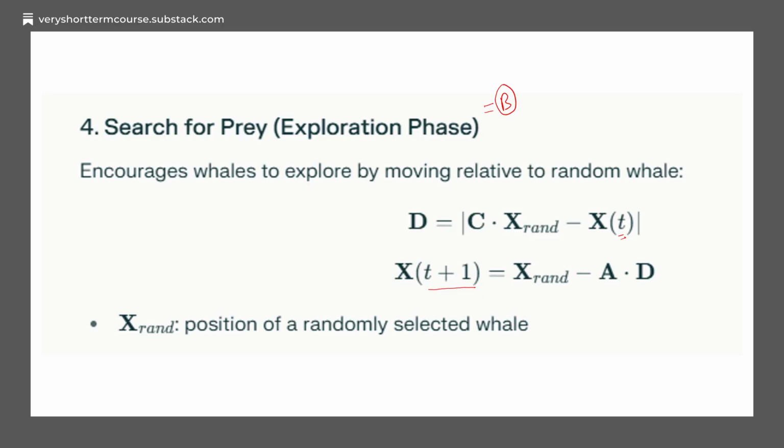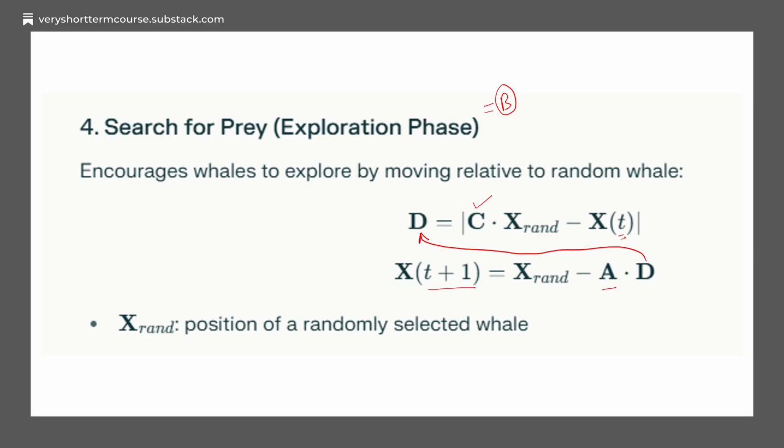In the same way as the encircling phase, you replace the X optimal with this X random, and you use this coefficient A dot D. What is this D? This is this D.